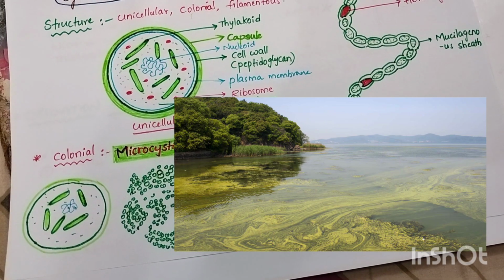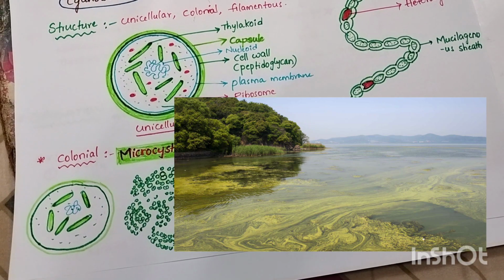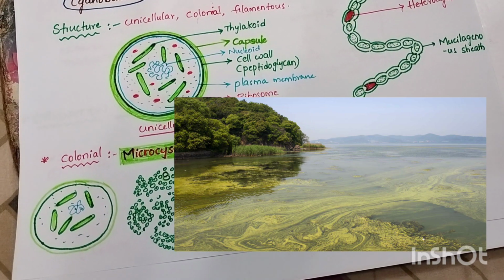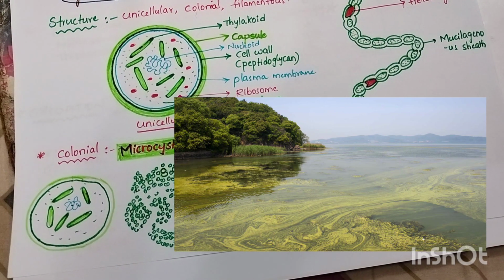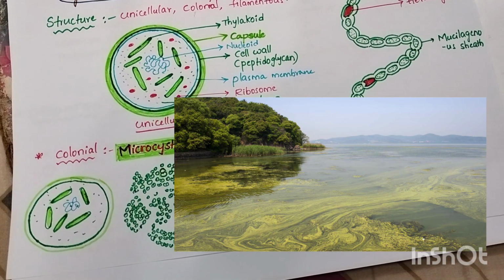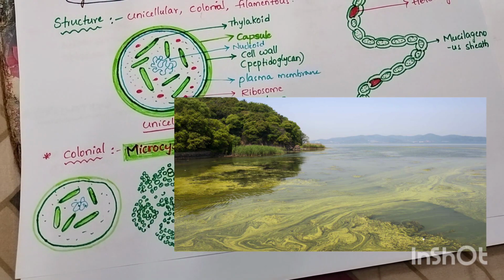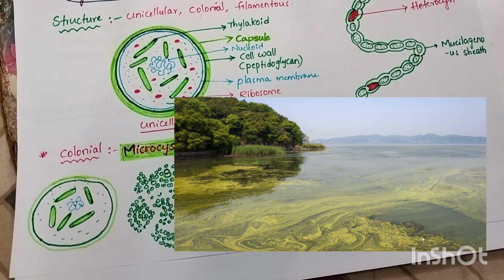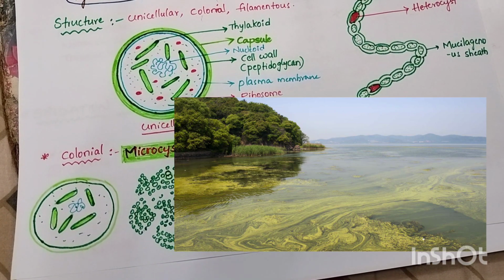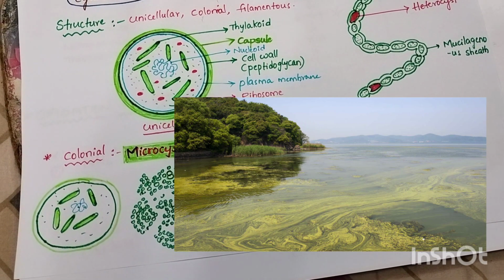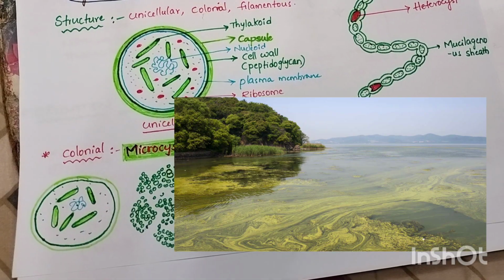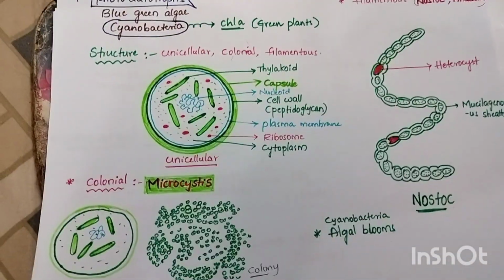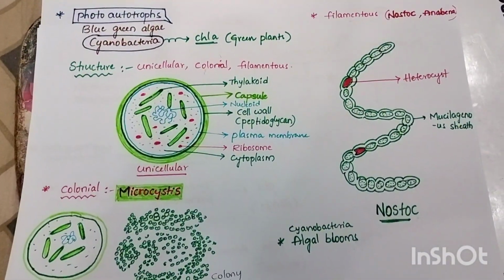When more number of cyanobacteria aggregate on the polluted water body, it is called a cyanobacterial bloom. This cyanobacteria releases some toxins called cyanotoxins, that cause harm to the animals present in the water body. And also this cyanobacterial bloom pollutes the water. So yeah, this is all about photoautotrophism.